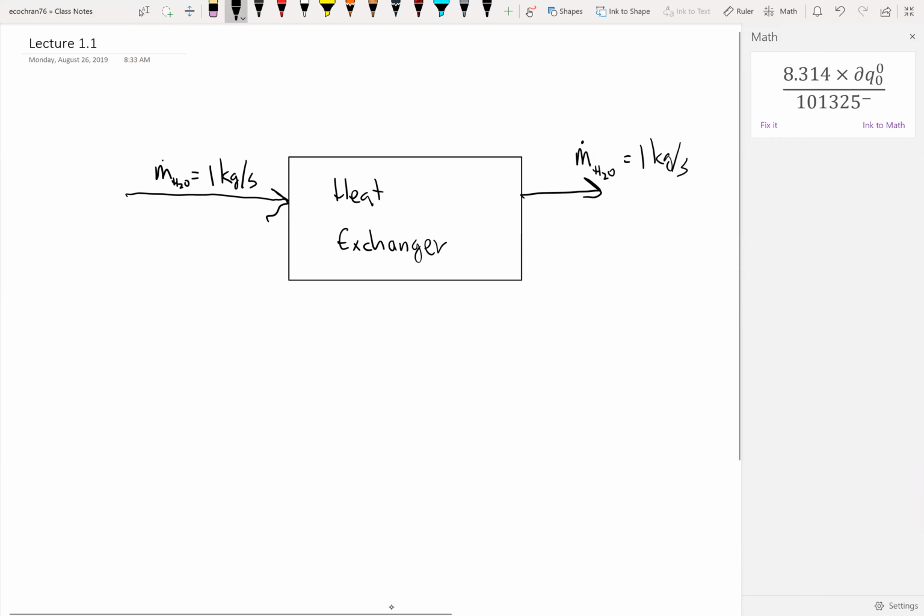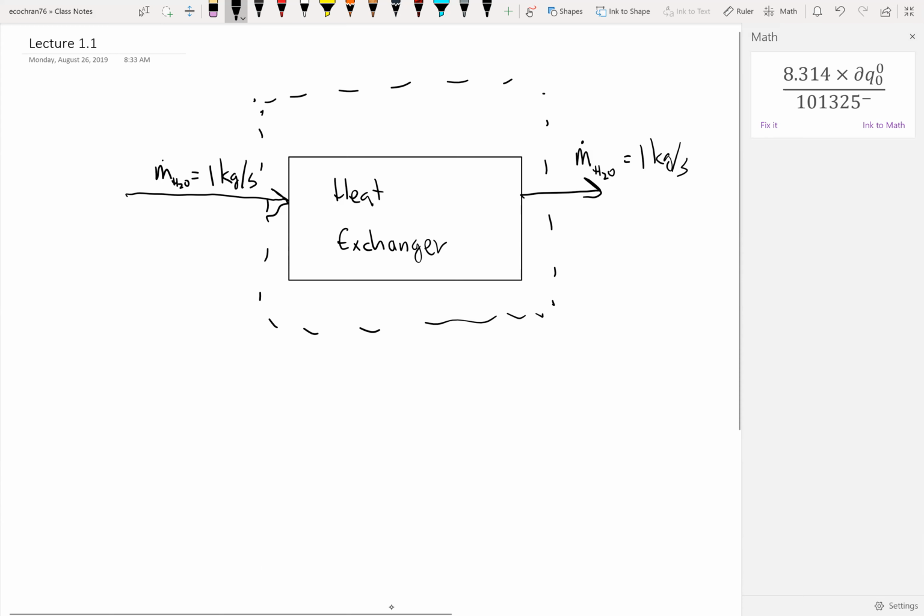So is this an open system or a closed system? It is open. My system boundary is going to be something like that, and I have arrows that have the transmission of mass going across that dashed boundary. So it's got to be an open system.